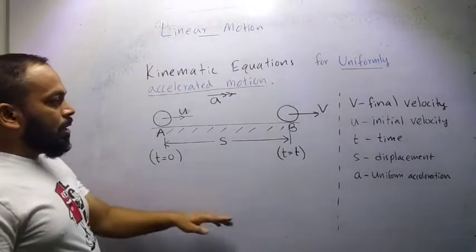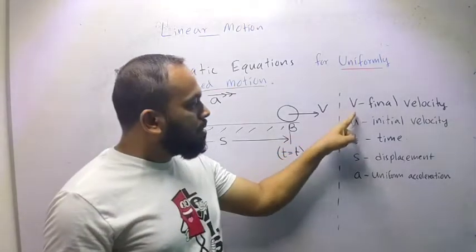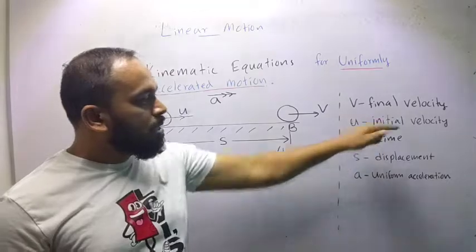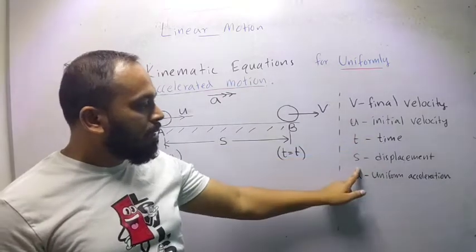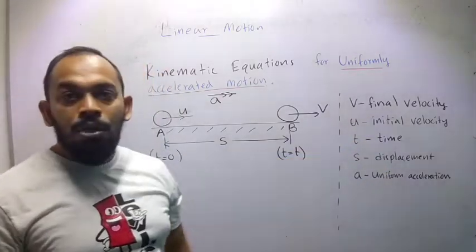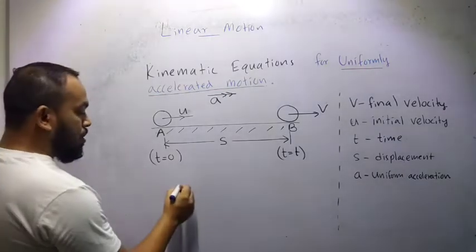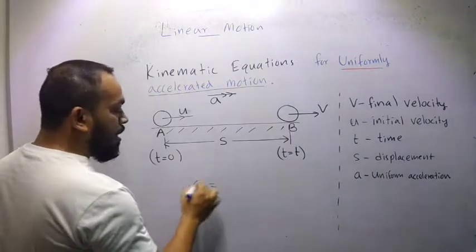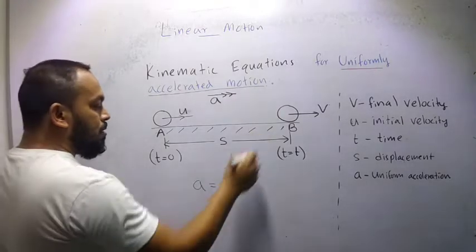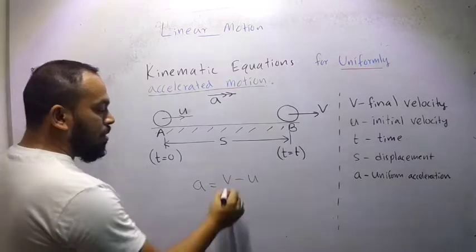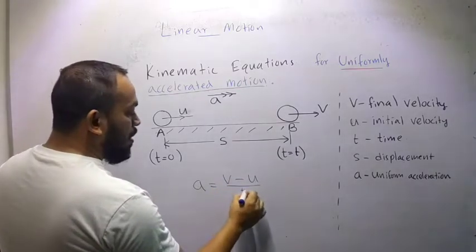Okay. So here are the notations. v is the final velocity, u is the initial velocity, t for time, s displacement, a uniform acceleration. So let's start with the definition. Acceleration a is defined as change of velocity, final minus initial, divided by time.